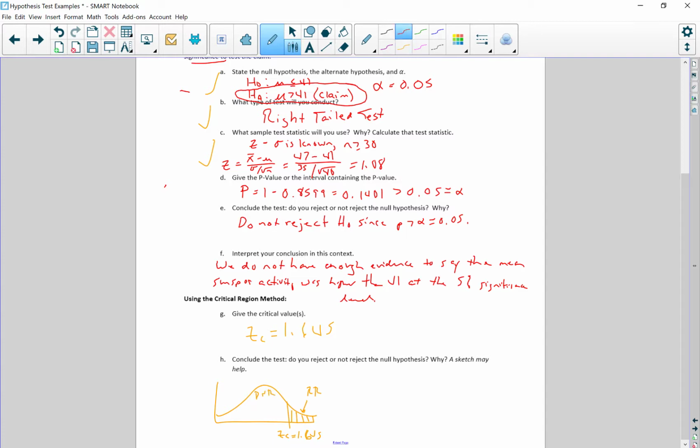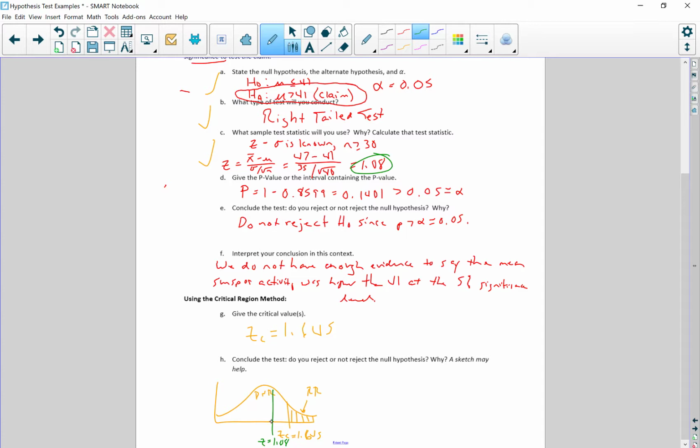So then to know our result, we just take that statistic we calculated before, so 1.08, and draw that wherever it goes numerically. So z equals 1.08 is roughly here.